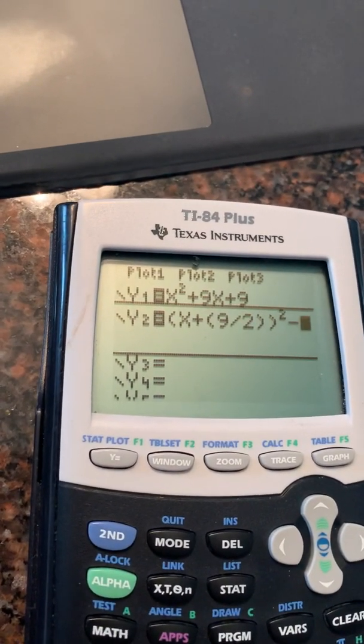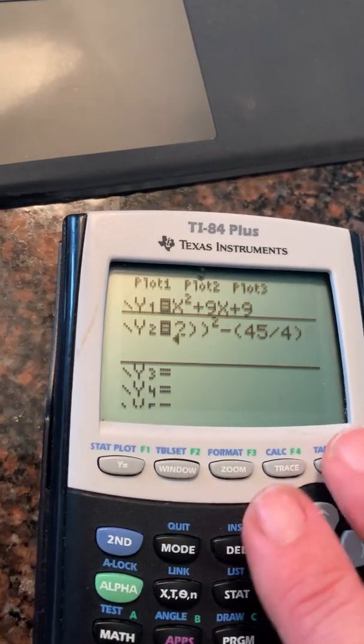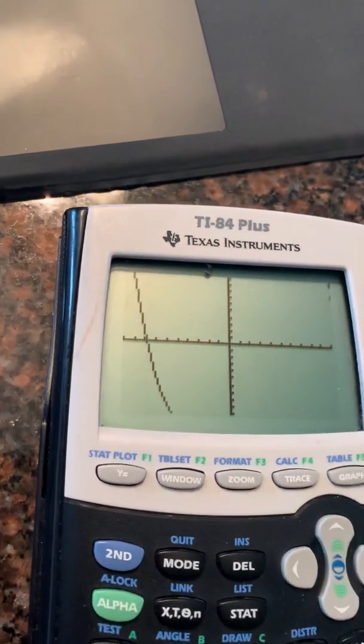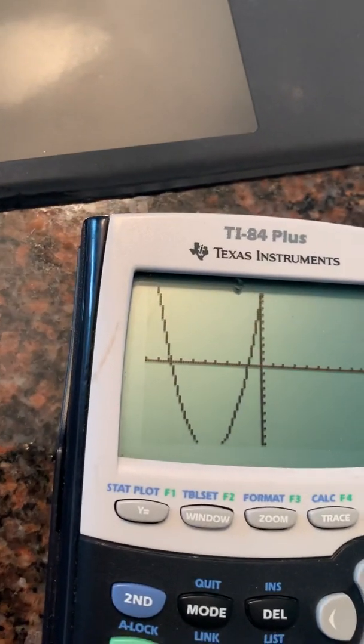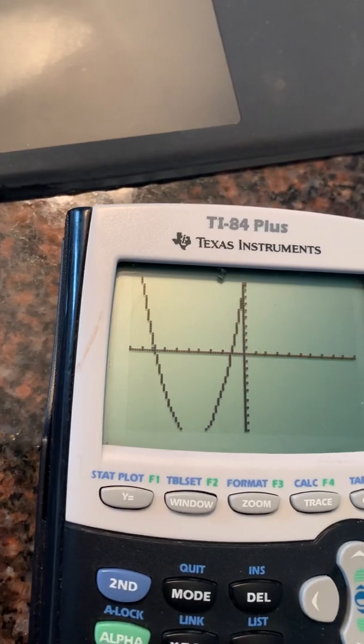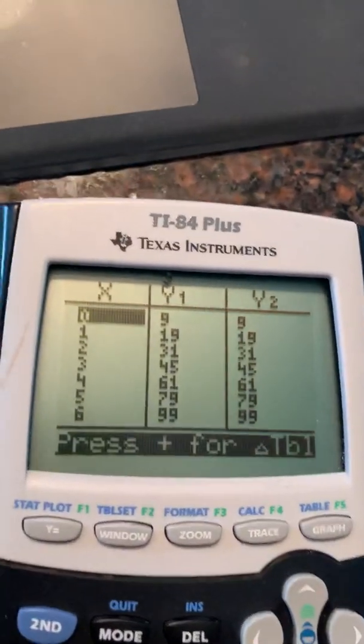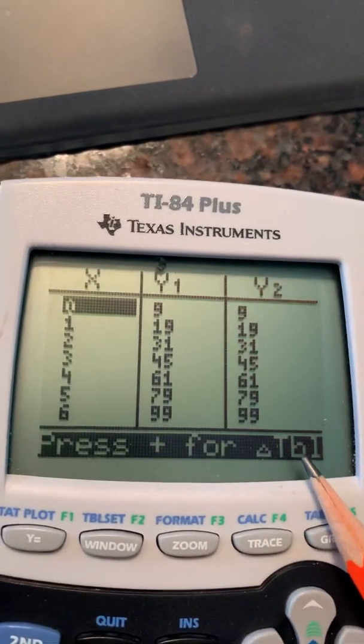And I'm going to do minus, and I'll do 45 divided by 4. And let's see if I get the same exact parabola before I go into it, so I don't see two different ones. So it looks like I might be right. And oh, look at that, the output is perfect.